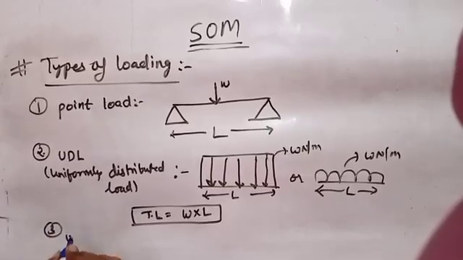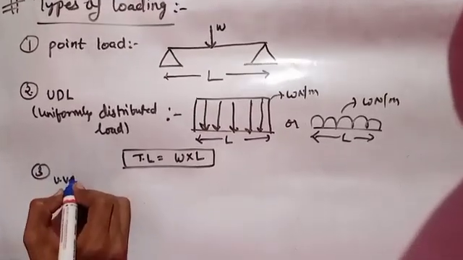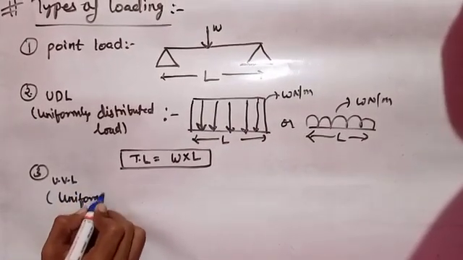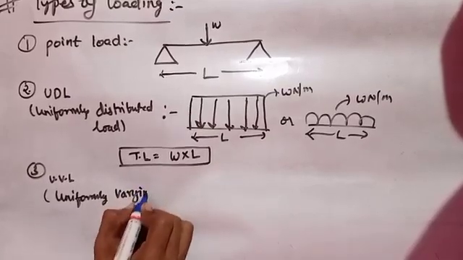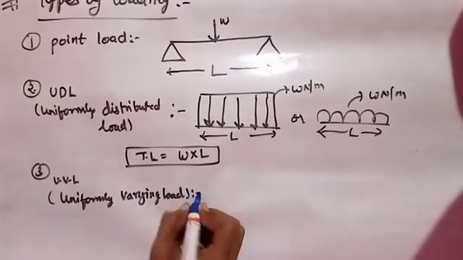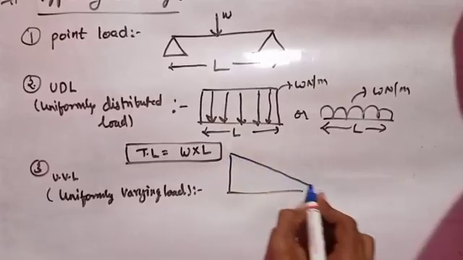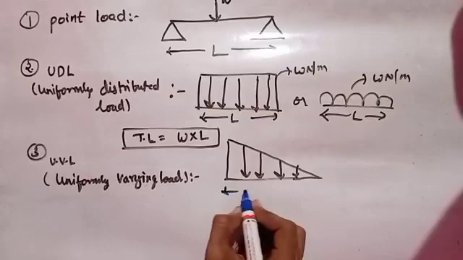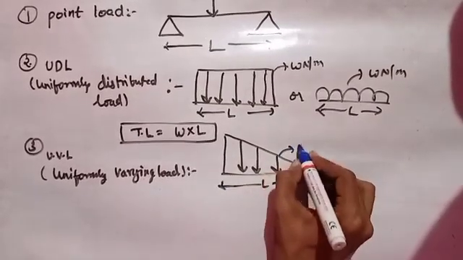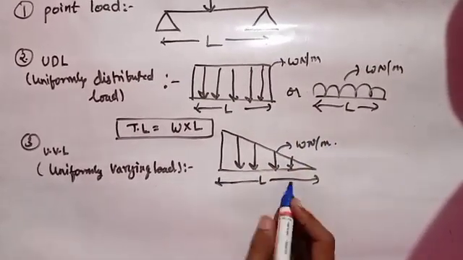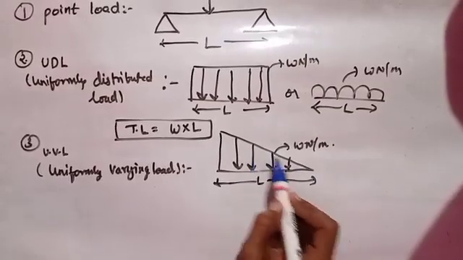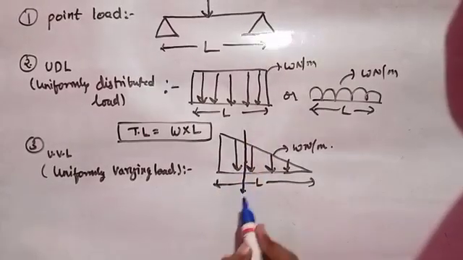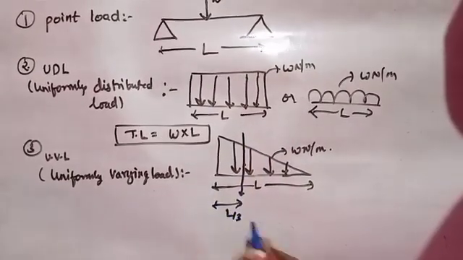Third is UVL, uniformly varying load. The diagram is, length L, W Newton per meter, load is acting, and the load is applied at the centroid, considered at the centroid here, and its length is L by 3.